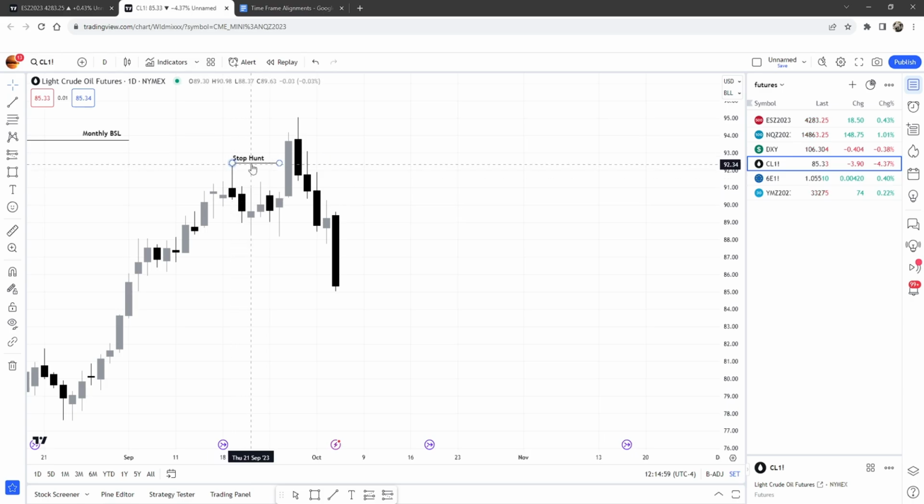After the swing high was created, price runs through it, causing a stop hunt. Now that price has ran through it, we would look for the lowest down closed candle before the leg up that took liquidity.